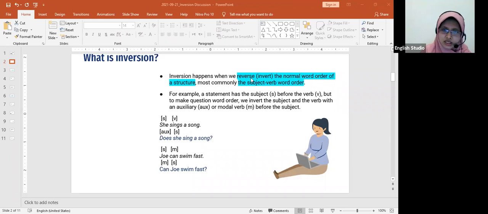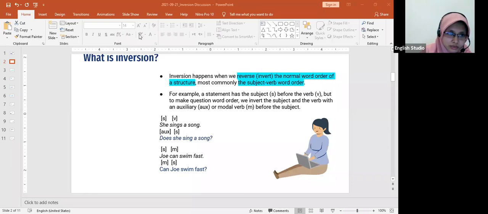For instance, if a statement has the subject before the verb, but we want to make it a question word order, we need to invert the subject and the verb, with an auxiliary or modal verb before the subject. Let's take a look at the examples.